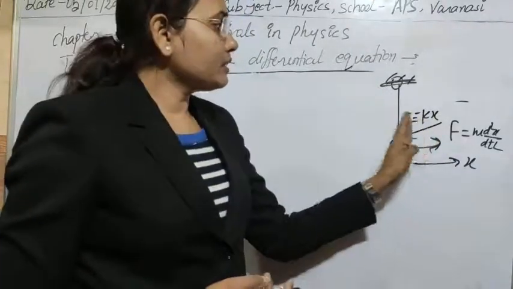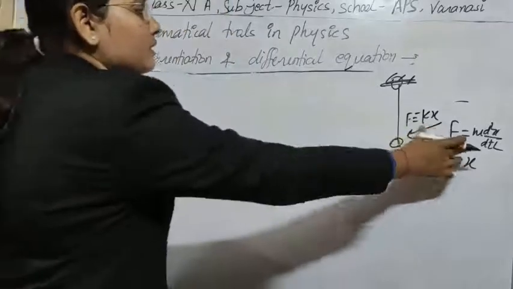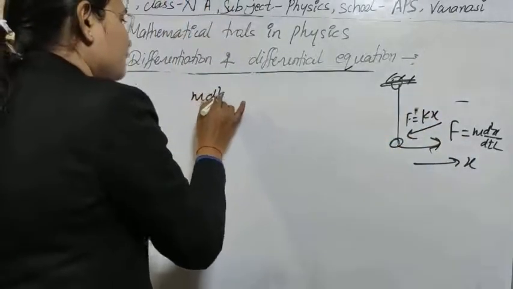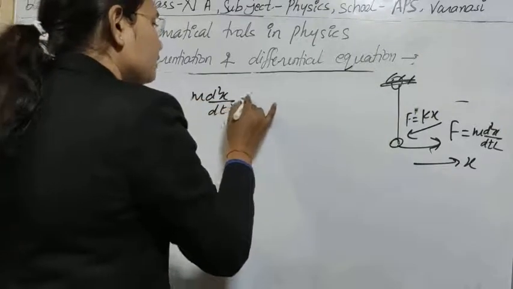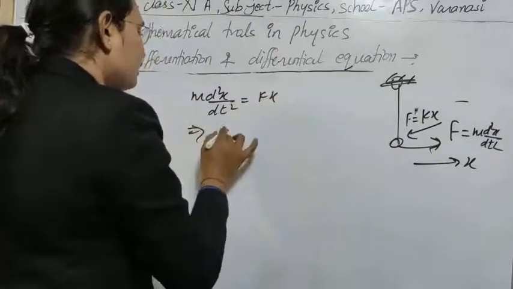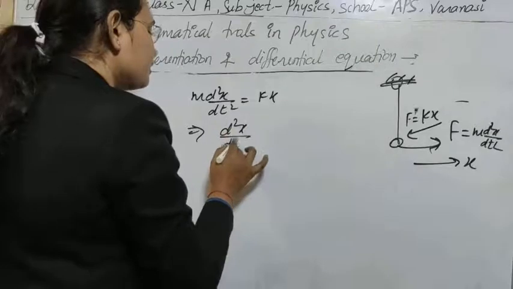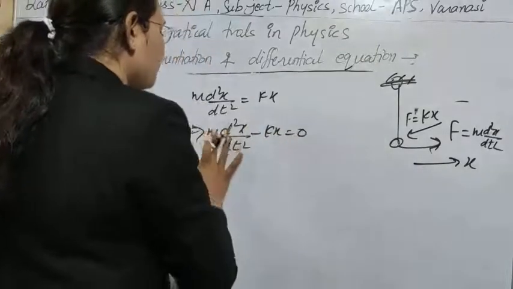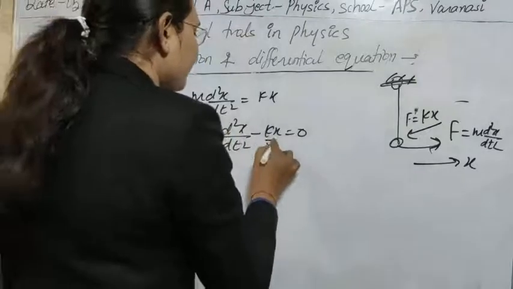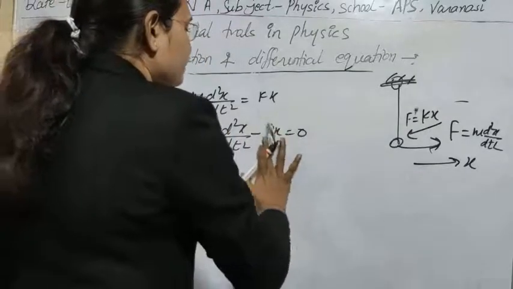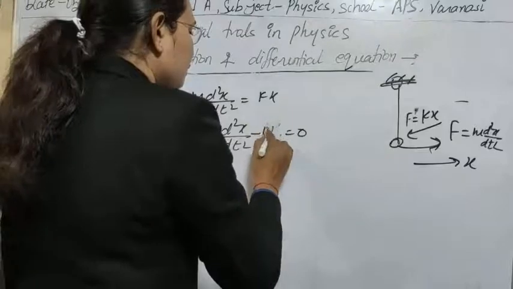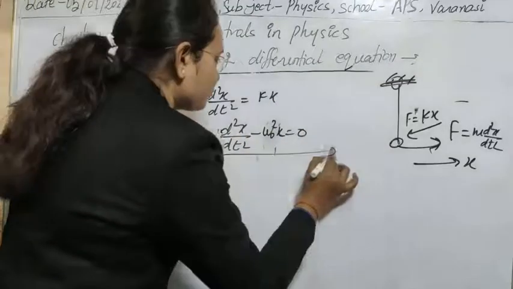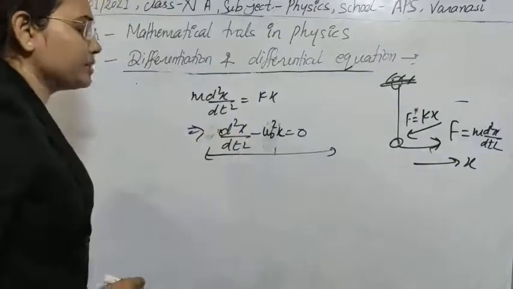So m d2x upon dt2 is equal to minus kx, or d2x upon dt2 plus kx by m is equal to 0, or if we divide by m and use k by m as omega 0 square, this formula is the differential equation of the simple harmonic motion.